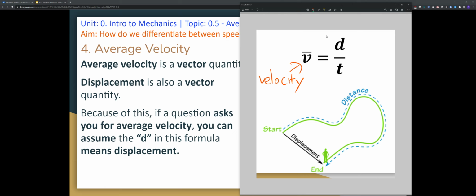I'm labeling it as a vector. So velocity is a vector quantity, which means that this D right here must also be the vector version of D. The vector version of D is displacement. So whenever the question is asking you for average velocity, then this D right here will mean displacement.